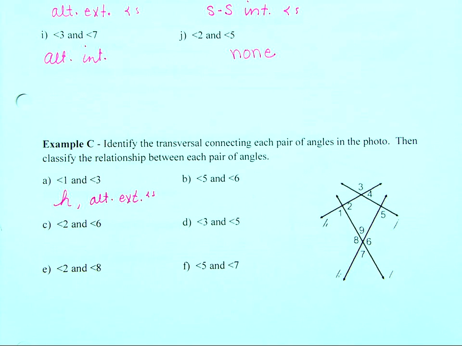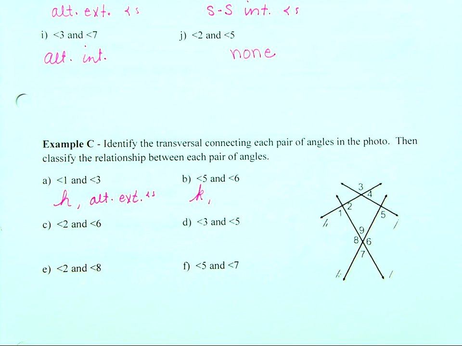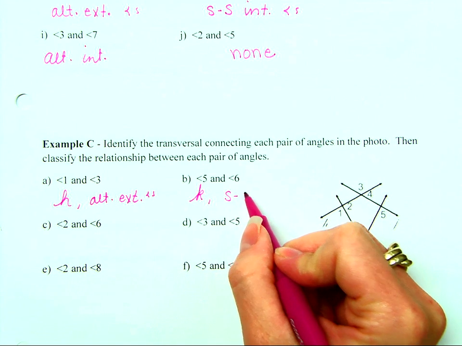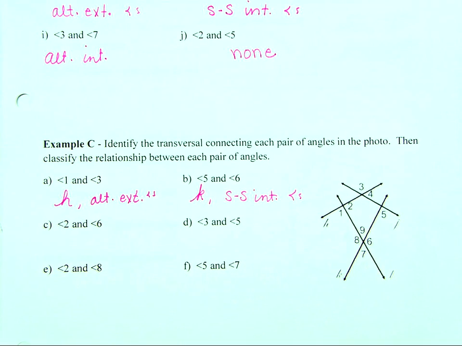If I look at angle 5 and angle 6, they are being connected by this line right here. It's a little hard to read. It's supposed to be a K, so that is the transversal K that's connecting them. They're on the inside, and they're on the same side of the transversal. So they're going to be same side interior.